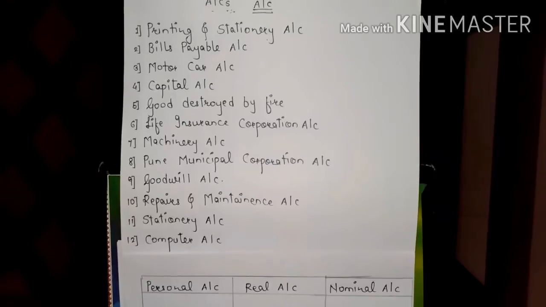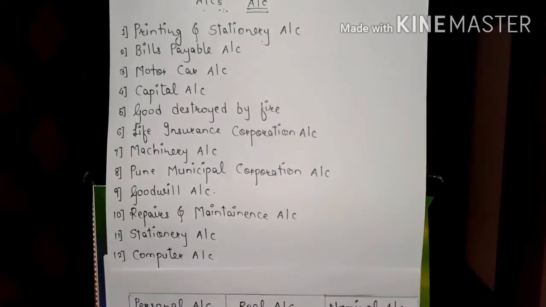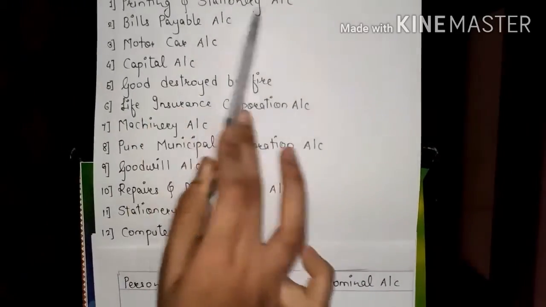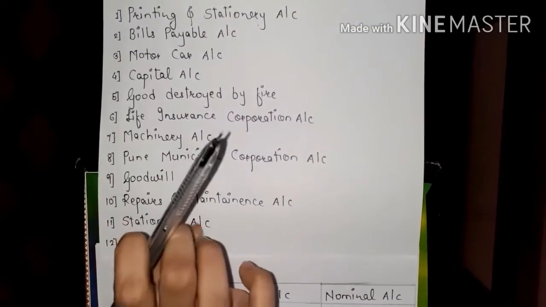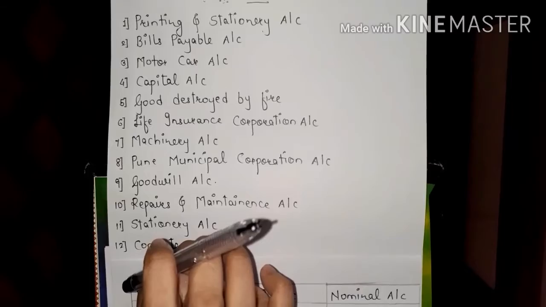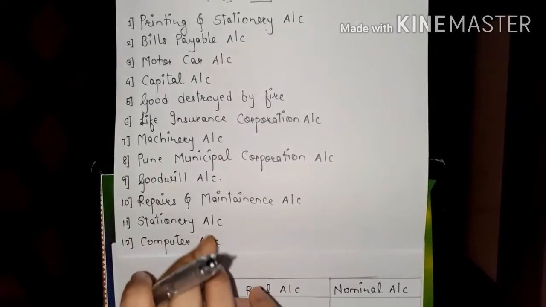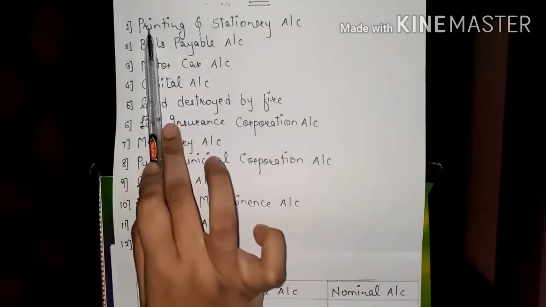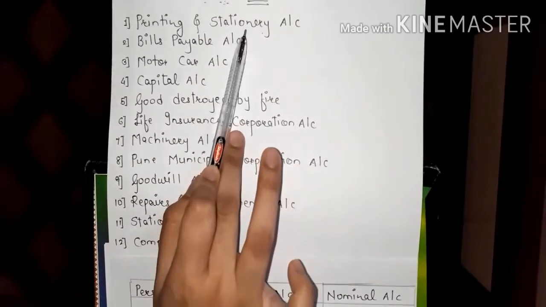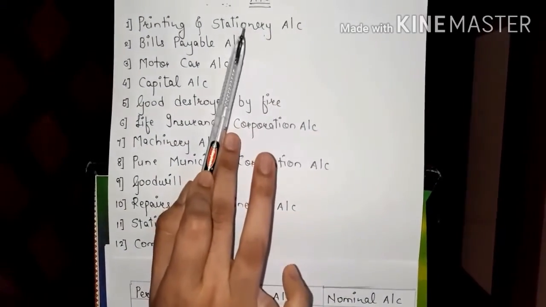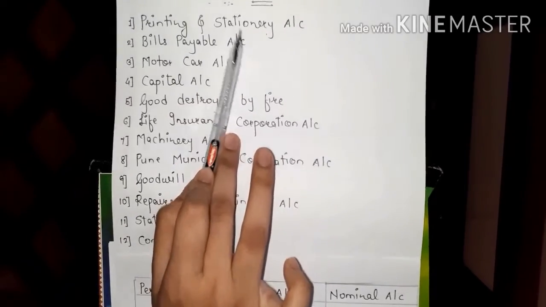Okay, so we already know the rules. This comes under nominal account. Why nominal account? Debit all expenses and losses and credit all incomes and gains. This is the rule of nominal account. As we have incurred expenditure on this account, this is our expense, so it will fall under nominal account.